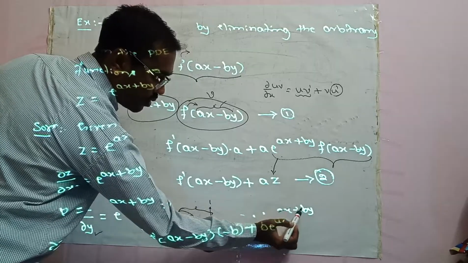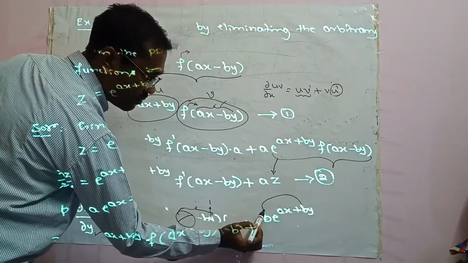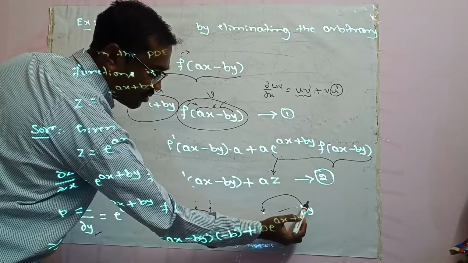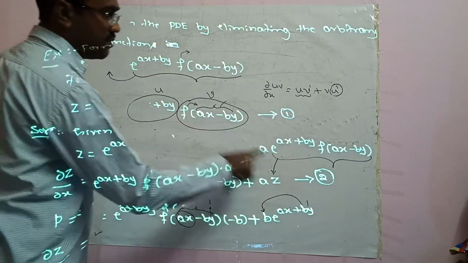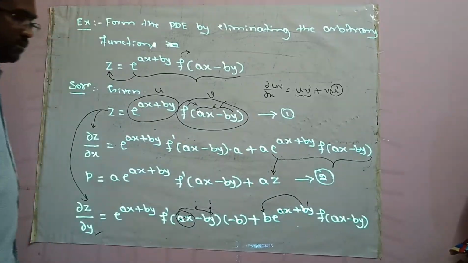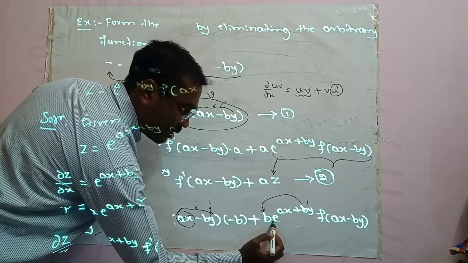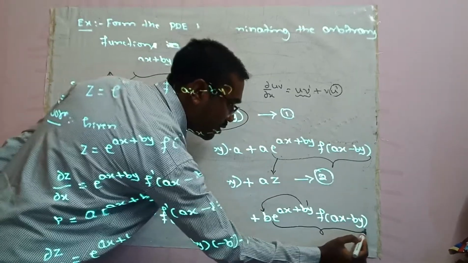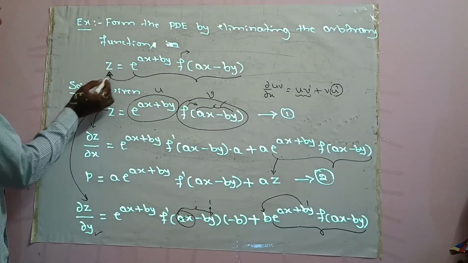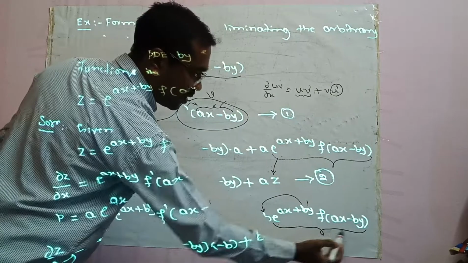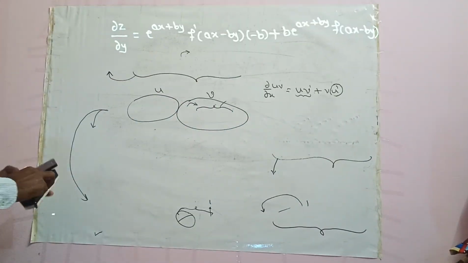This is 0, b is a constant as it is, differentiation of y is 1. Here v as it is. Now again in this place you can write z. So let us replace z in this place in the next equation now.